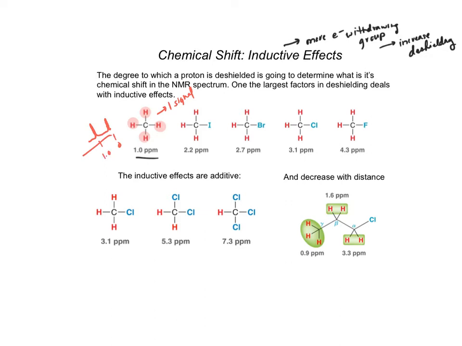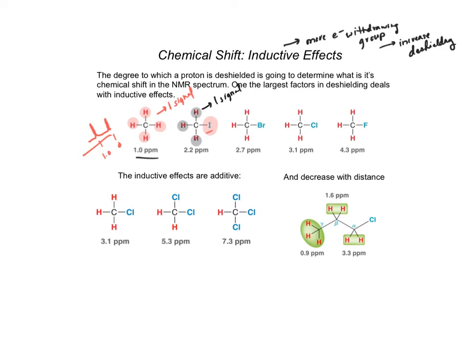Okay, so now let's compare that with this monoiodide methane, right? So we've replaced one of these protons with an iodine. Again, what we're looking at here is the signal that we'd expect for these 3 protons. These 3 protons are chemically equivalent. They're again going to only give rise to one signal.